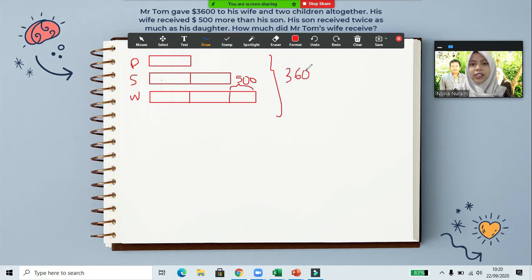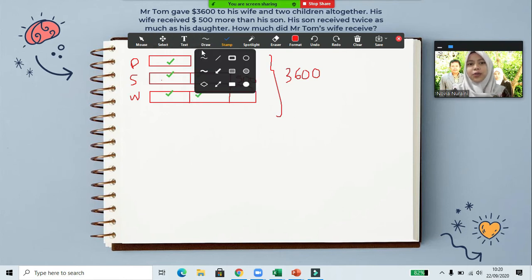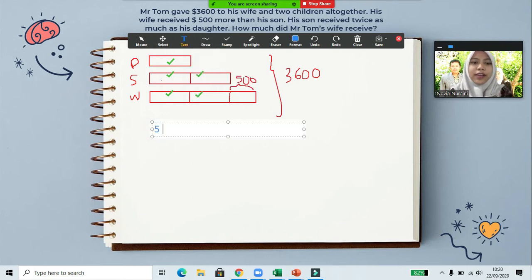Oh, sorry, 3,600. Now we have this one. We have one, so I will stamp. We have 1, 2, 3, 4, 5. We have 5 units.